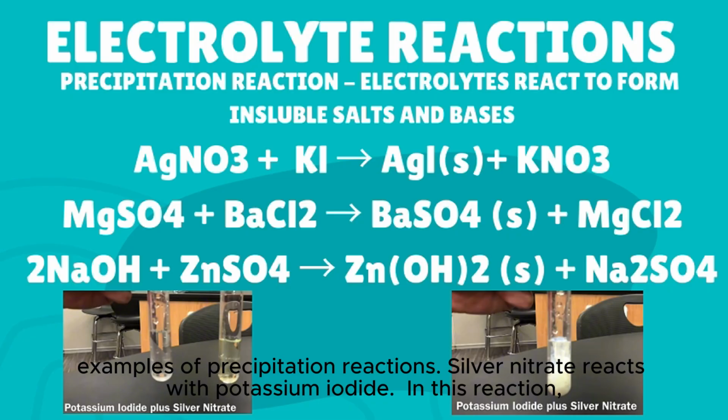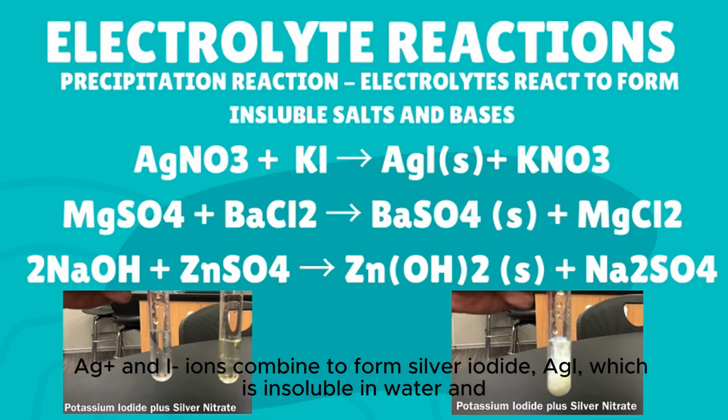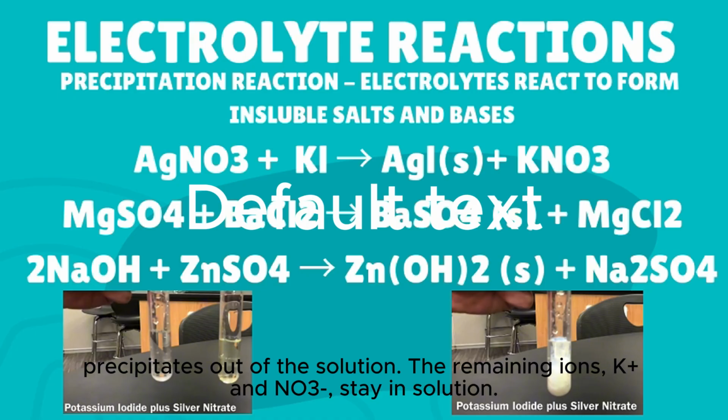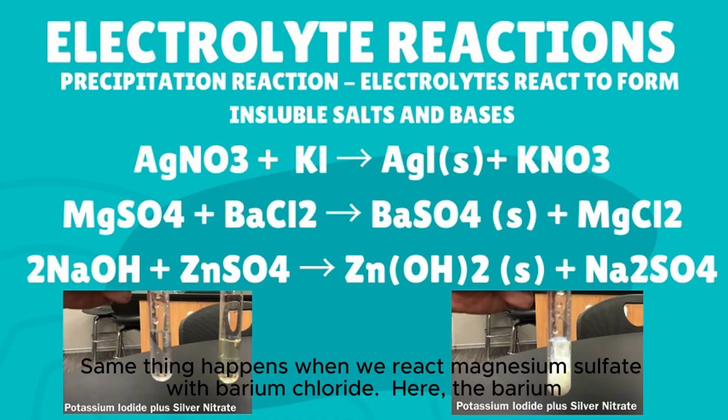Silver nitrate reacts with potassium iodide. In this reaction, Ag+ and I- ions combine to form silver iodide, AgI, which is insoluble in water and precipitates out of the solution. The remaining ions, K+ and NO3-, stay in solution. Same thing happens when we react magnesium sulfate with barium chloride.